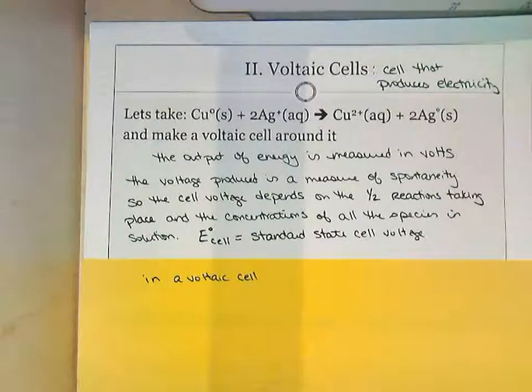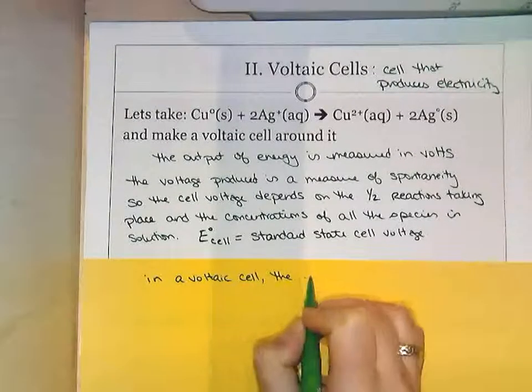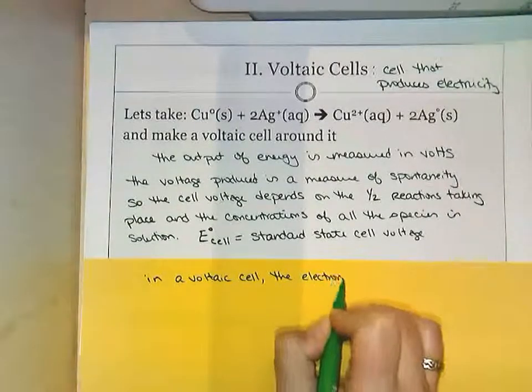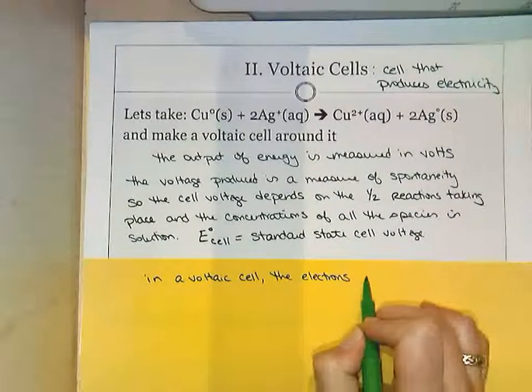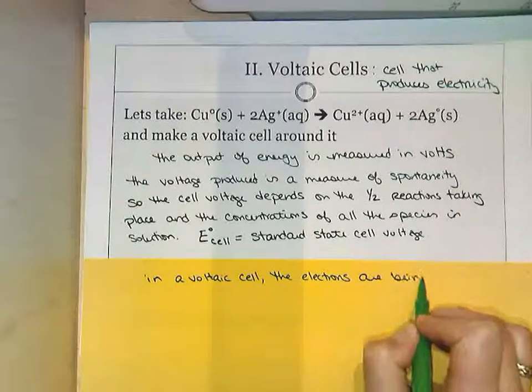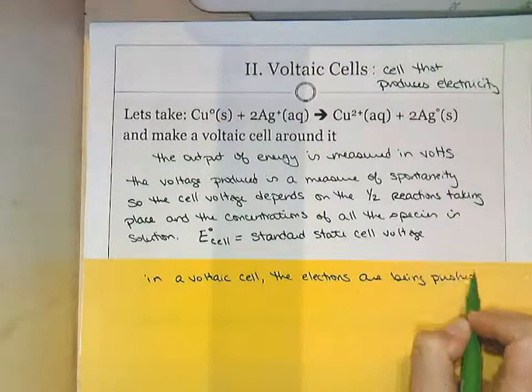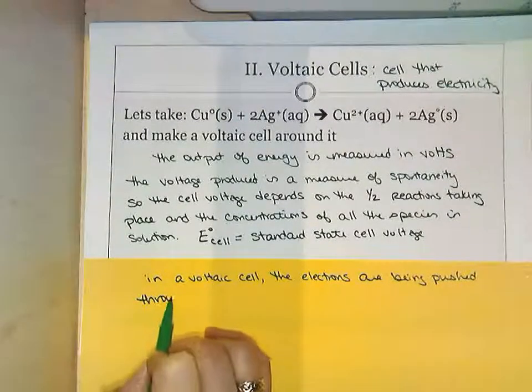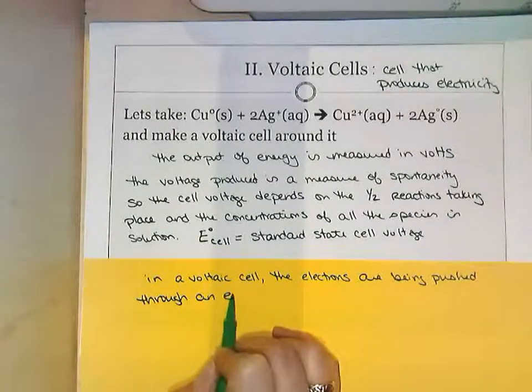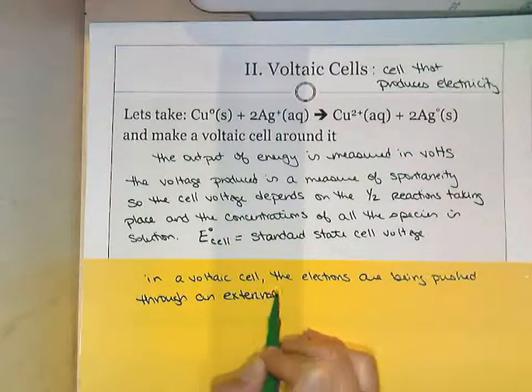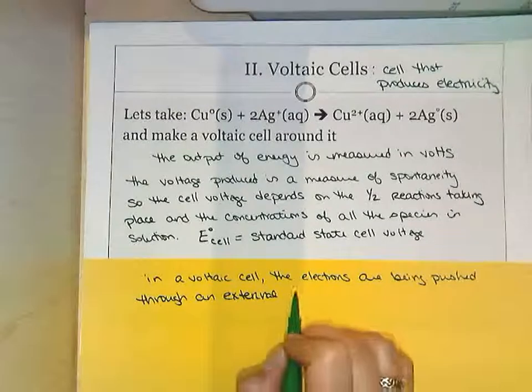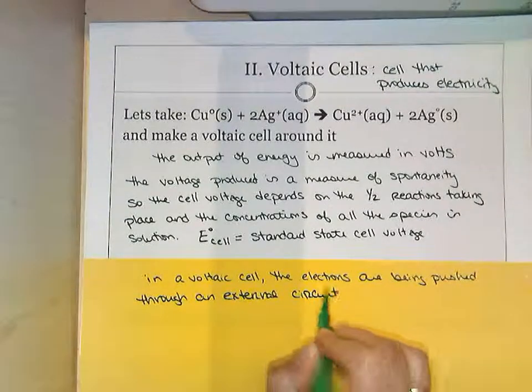So in a voltaic cell, the electrons are going to be pushed through an external circuit.